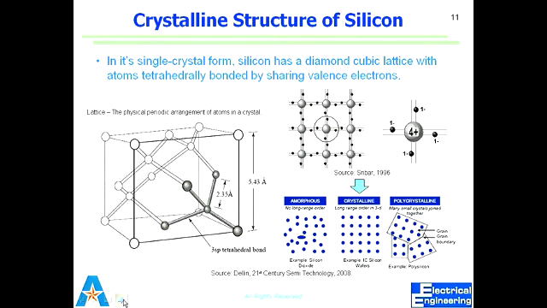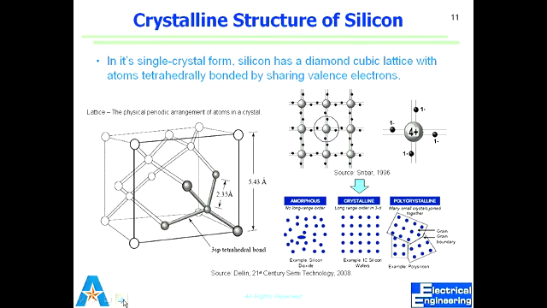Silicon has what we call a diamond cubic lattice, where atoms are tetrahedrally bonded by sharing valence electrons. So this is an example where we have the basic measurement of the unit cell, 5.43 angstrom, and the inter-atomic distance.